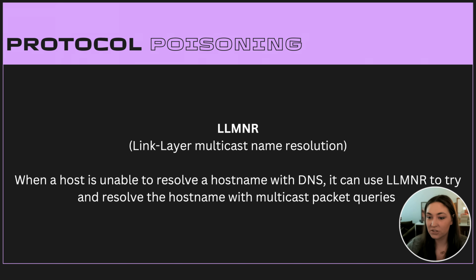But if the DNS lookup fails and it's unable to resolve that share name, then it will send out an LLMNR request or query, and it's going to ask any clients on the network to send information related to that share that they're trying to access. Maybe another client on the network already has knowledge of this share and can provide that information. So this happens when DNS fails.